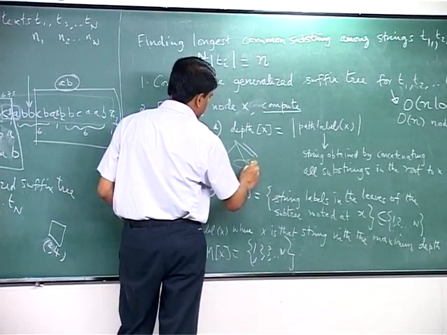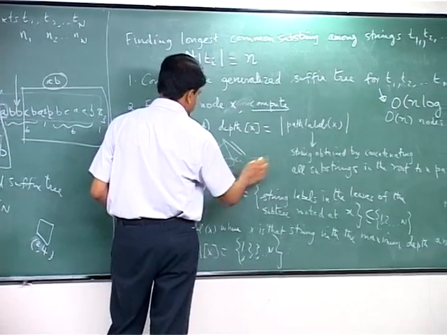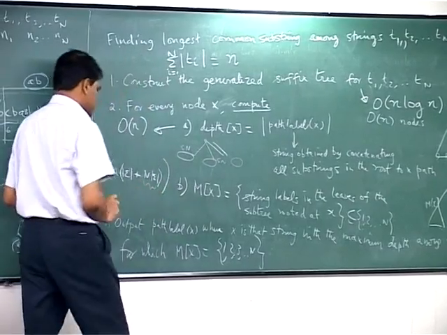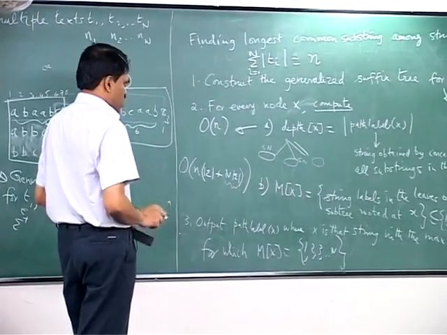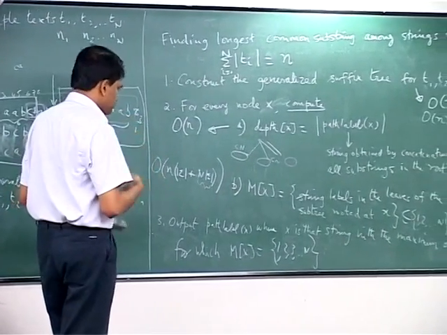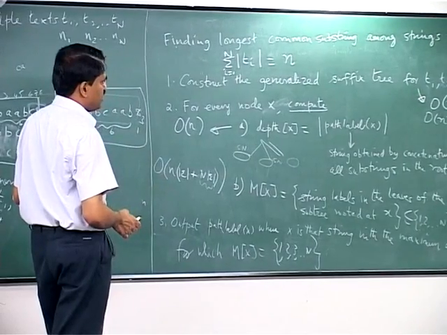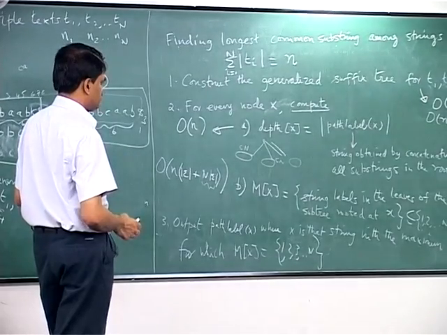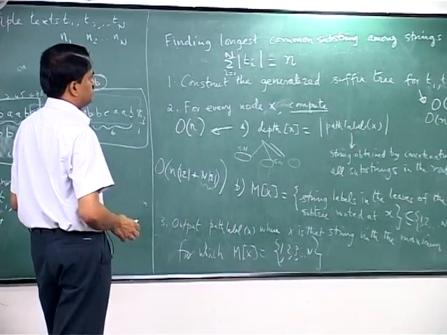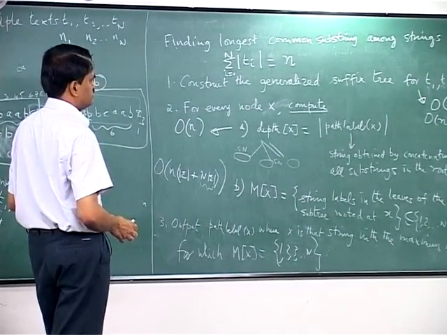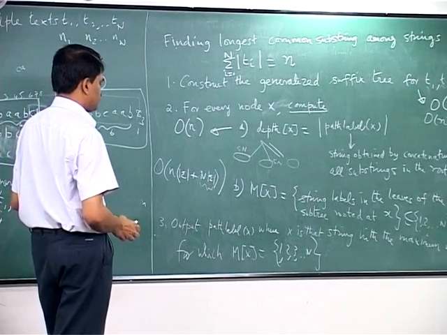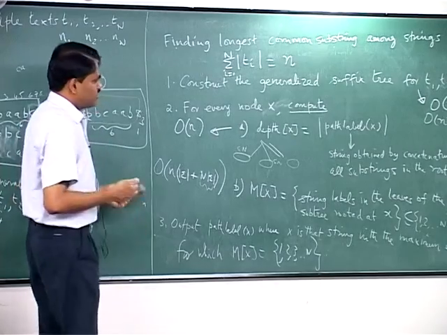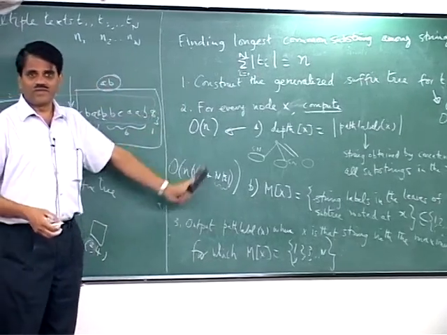This set could be of size at most n. So overall, I take these sets, collect them all, and do a union. So I'm saying that that computation is going to take this much time. So this is my overall time. Is that clear? I'll work out the details.